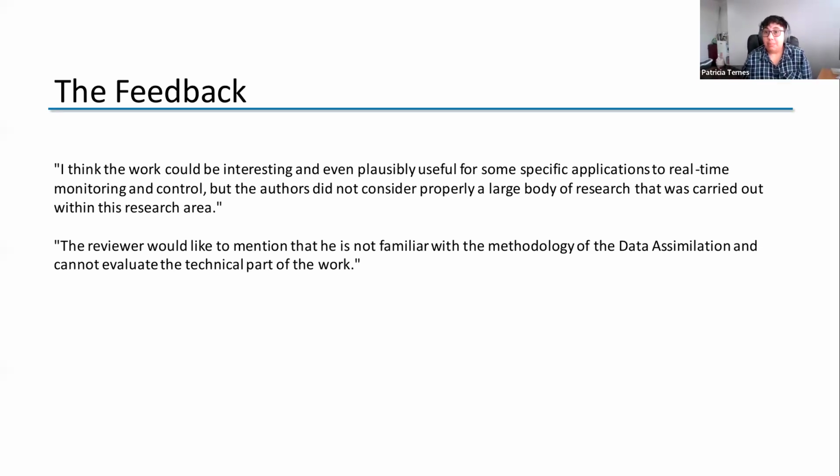If I am missing an entire body of research, I want to know what it is, because I don't want to just publish my paper. I want to do work that is reliable. This feedback is harsh, but at the same time it doesn't mean anything, so I could not improve.